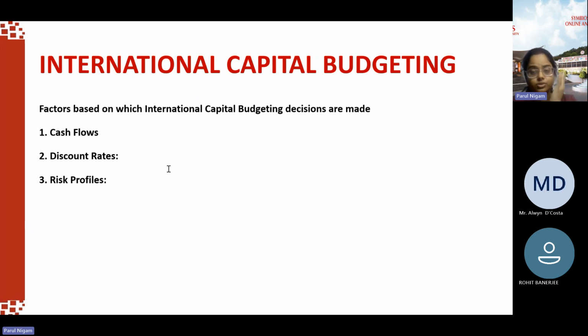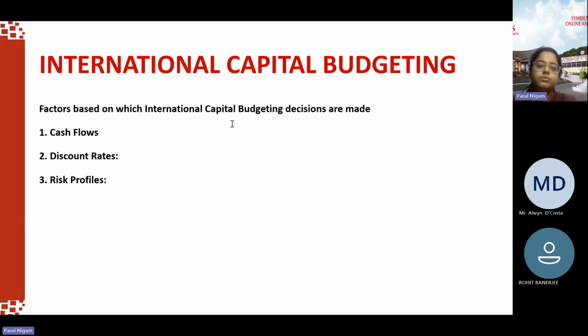So, exchange rate fluctuations. Foreign investments involve transactions in multiple currencies, which makes exchange rate movement a very crucial factor. Currency depreciation can definitely reduce profits, while appreciation can increase the returns.